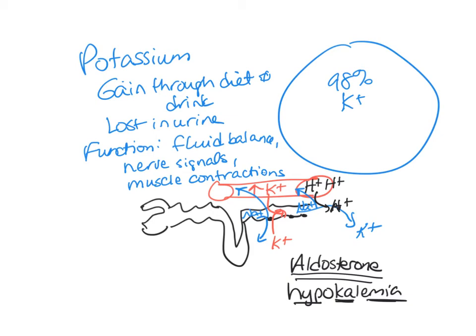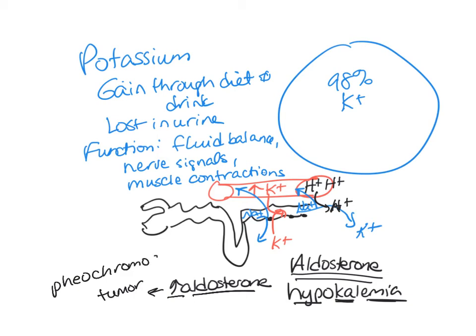So the most common cause of high aldosterone levels is an excess production of aldosterone from the adrenal cortex. The most common cause of excess aldosterone production is a tumor of the adrenal cortex. And one type of tumor that you might hear about is called pheochromocytoma.